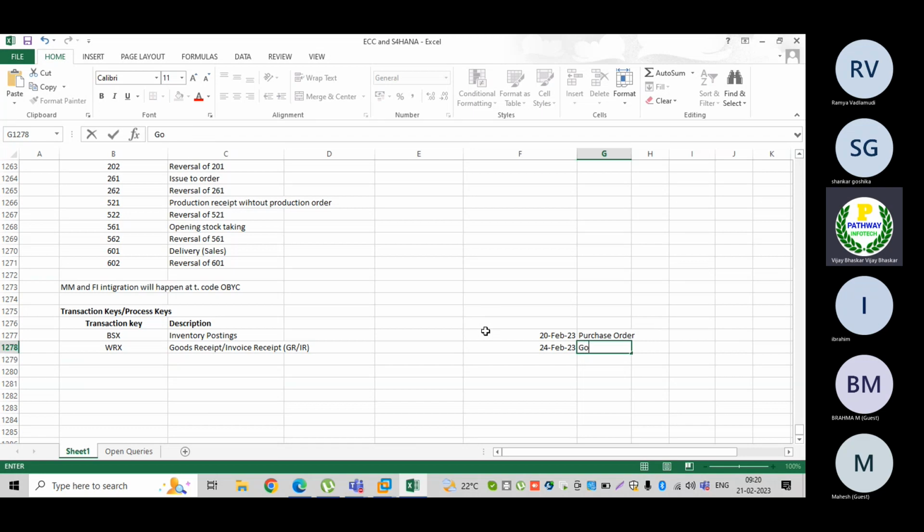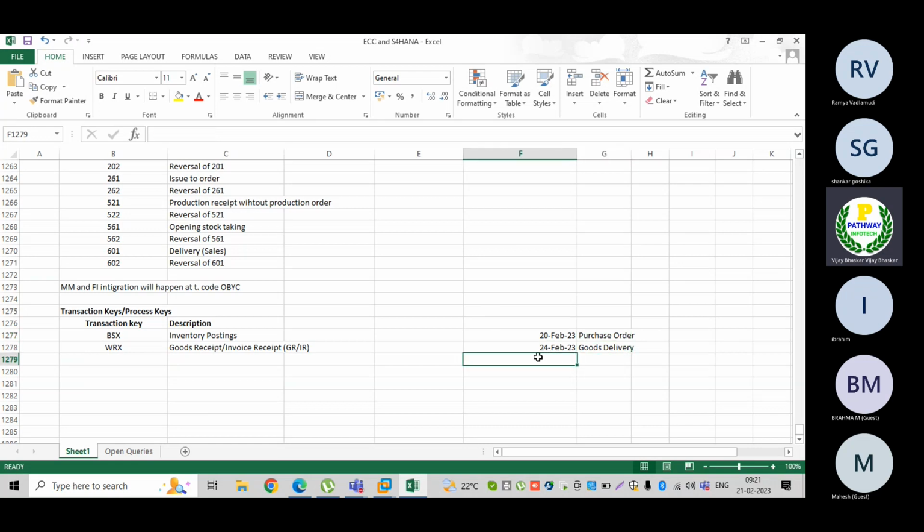Then goods delivery. As part of the delivery, they have delivered goods. Once the goods delivery happens, until now we know only the purchase order, maybe the department placed material management, goods received at stores.